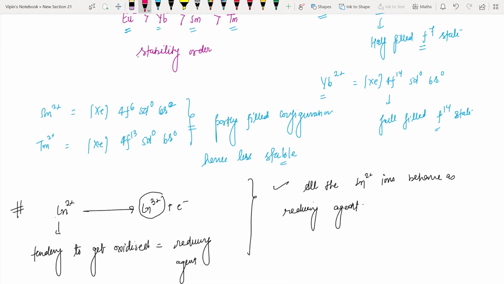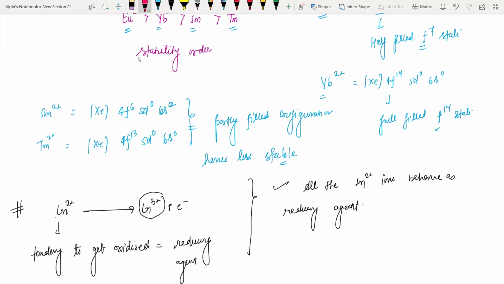The lanthanide which has the highest tendency to convert into the +3 oxidation state has the highest reducing power. Or we can say that the most stable Ln2+ ion will have the least reducing power, and the least stable Ln2+ ion will have the most reducing power.